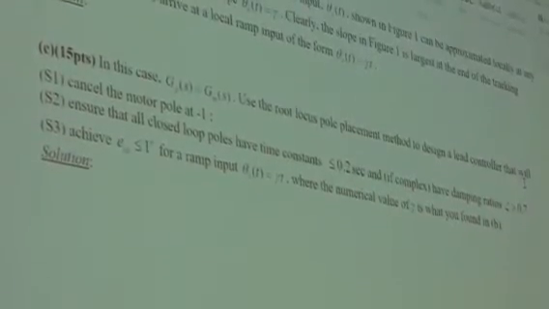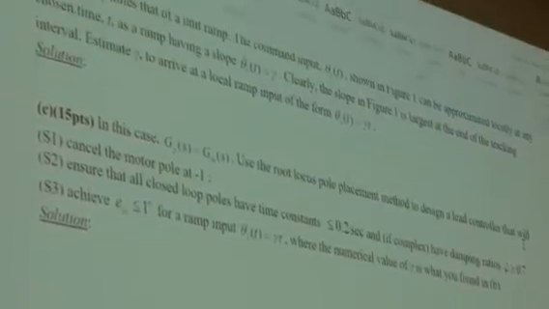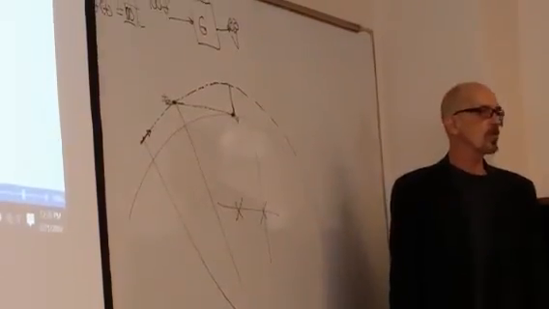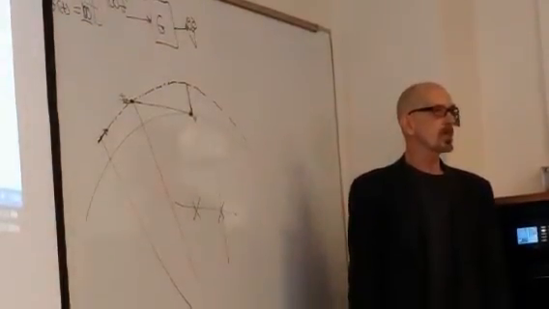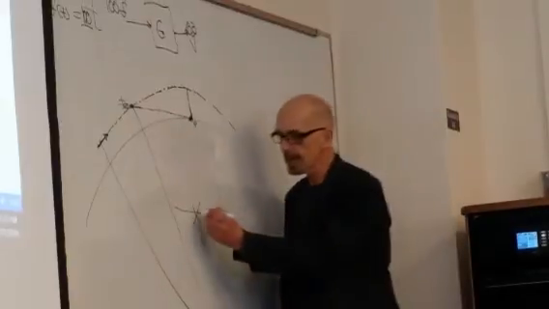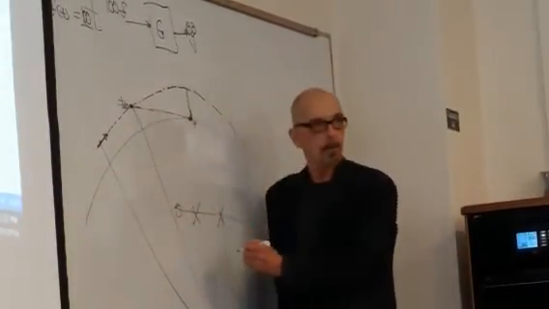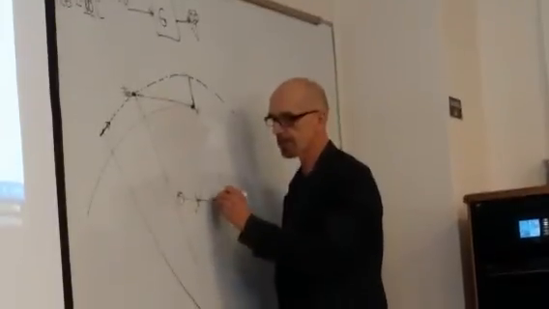We've done this. I mean, remember we had, if you have a motor which has a pole here and a pole here, right? What does the root locus for the closed loop do as a function of gain? It just goes like this. But if I put a 0 over here, then it does this.